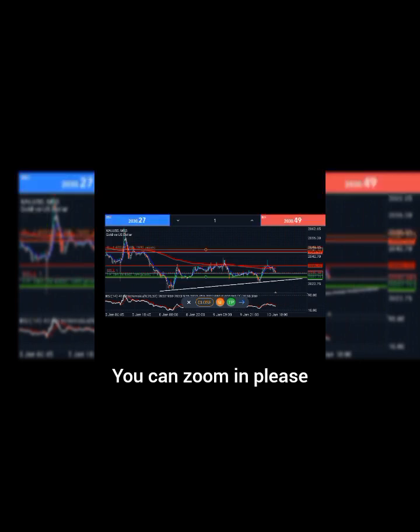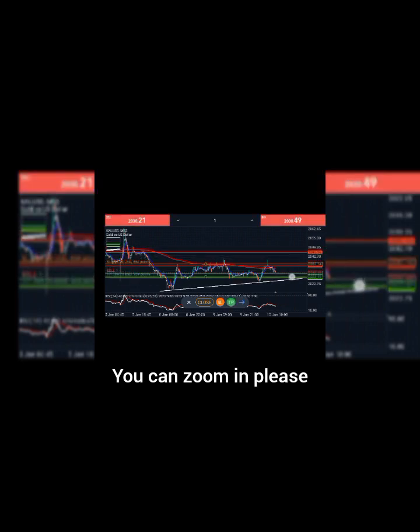So I'll set my take profit here, and my SL. Okay, let me get my SL. My SL should be 2037, at 2030, above the previous resistance, which is 2037. Oh, sorry guys.